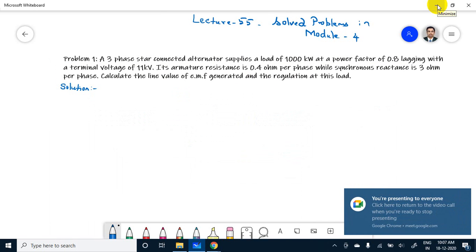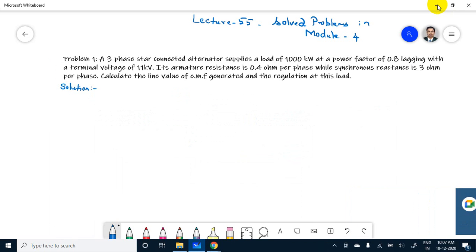In solution, first go through the problem. A three-phase star-connected alternator supplies a load of 1000 kilowatt at a power factor of 0.8 lagging with a terminal voltage 11 kilovolt.